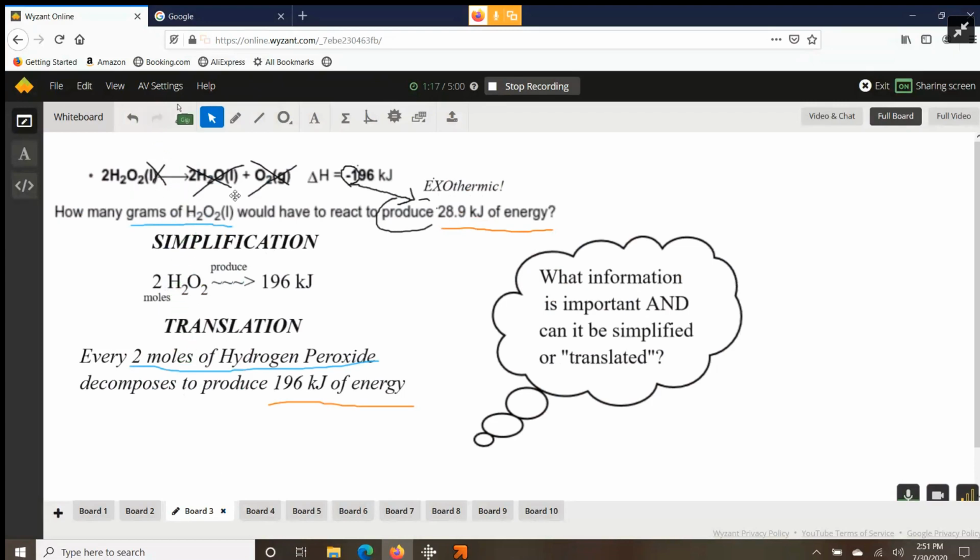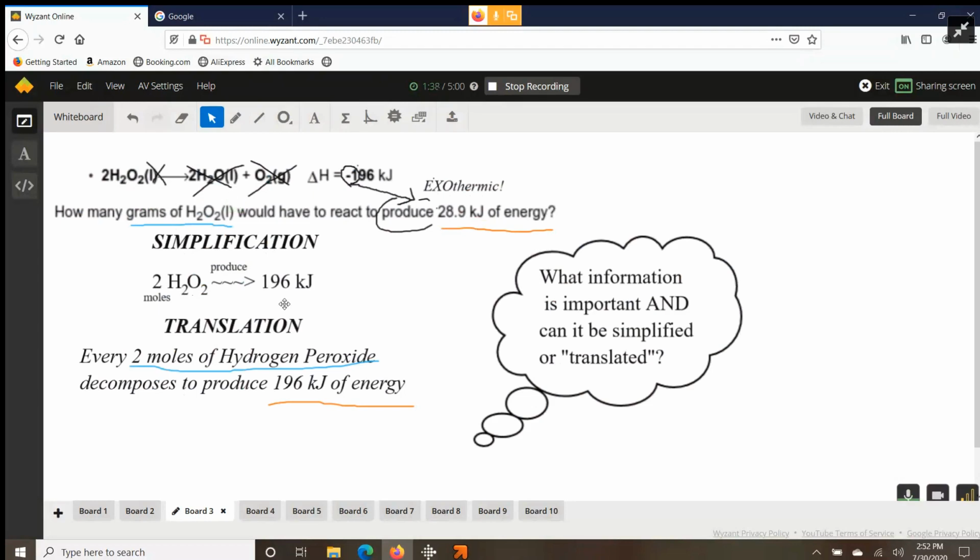So if you compare what I crossed out above to this simplified reaction down below, I kept our hydrogen peroxide, our reactant, because that's the thing we're focusing on. Our coefficient is obviously still important, so we have 2 moles of hydrogen peroxide, and it produces 196 kilojoules of energy.